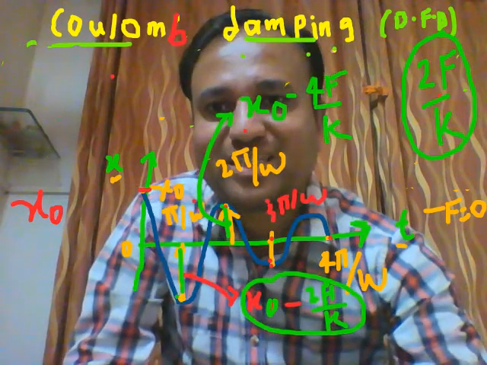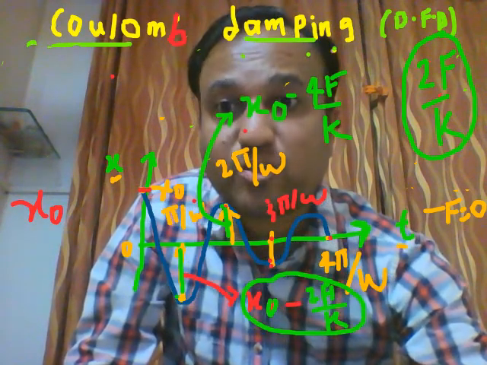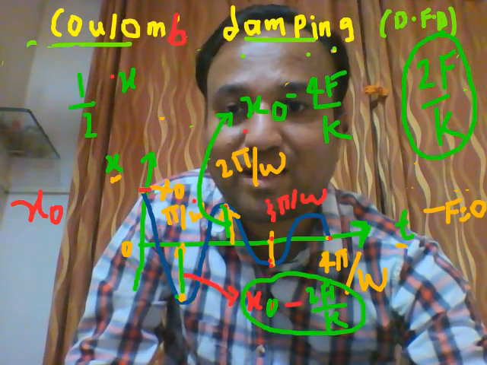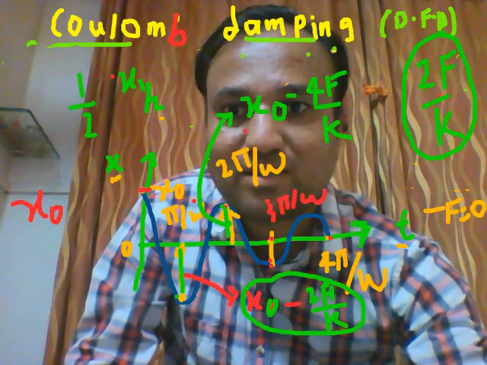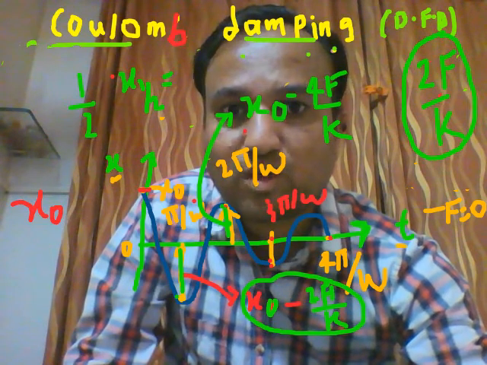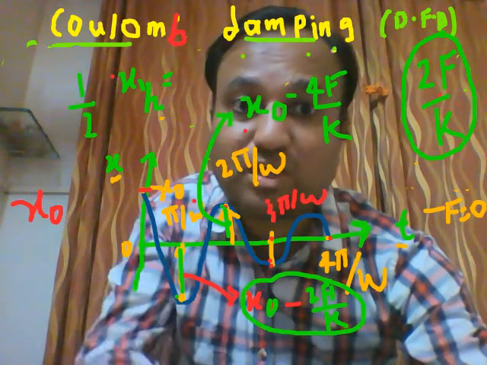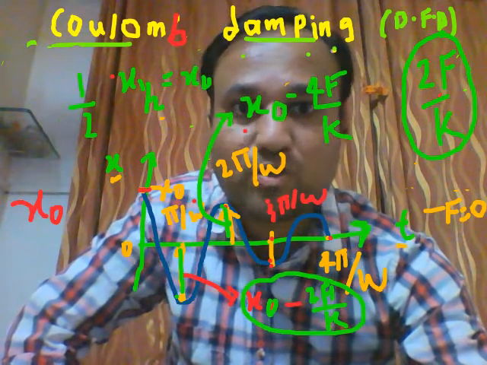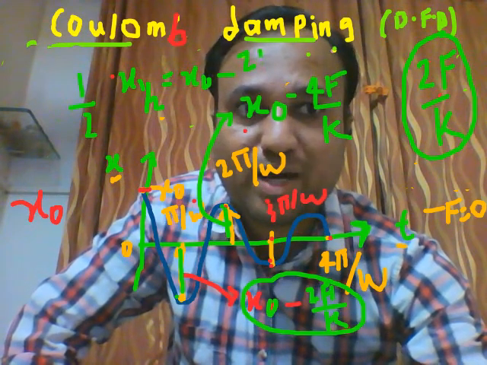So initially amplitude x0. After execution of half cycle, what will be the new amplitude? Let the amplitude after half cycle, x1 by 2, will be x0, initial amplitude, minus 2f by k.